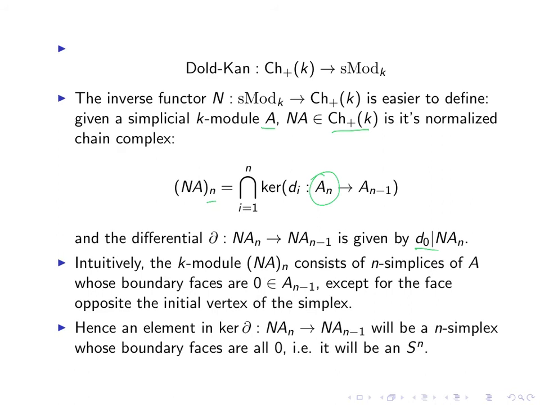So an element that's in the kernel of the map from degree n to degree n minus 1 in the chain complex will be an n-simplex of A_n whose boundary faces are all 0. So in other words, it will look like an S to S^n.